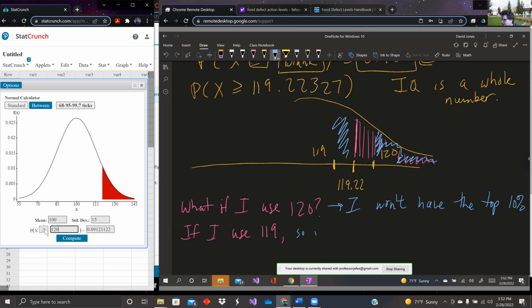So it will be more than the top 10%. Let's just take a look at that. 10.26.